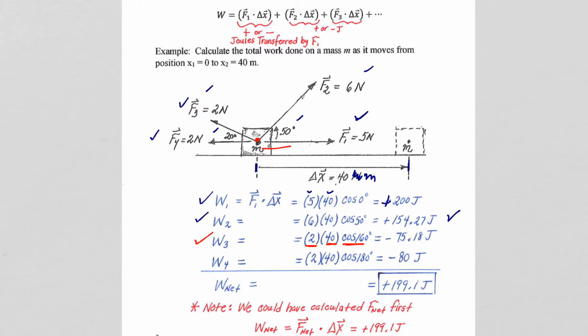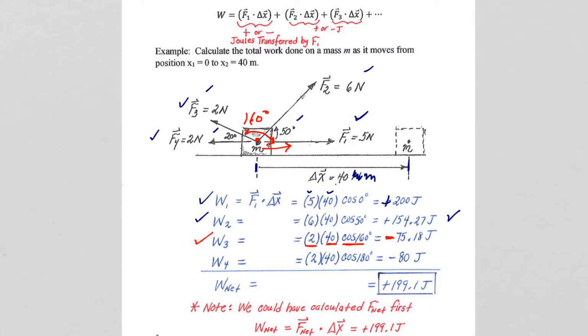So my delta X is to the right, my F3 is here, so this angle is going to be 180 minus 20, or 160. So you definitely have to be careful with your angles that you put in the cosines. And of course, that cosine of 160 gives us a negative when we calculate it on our calculator.